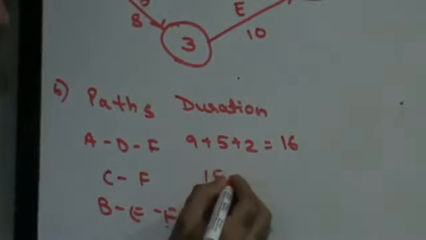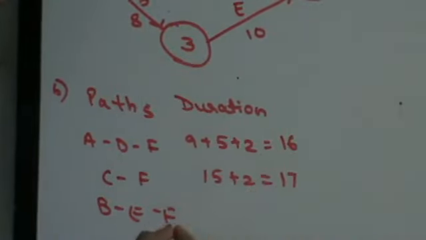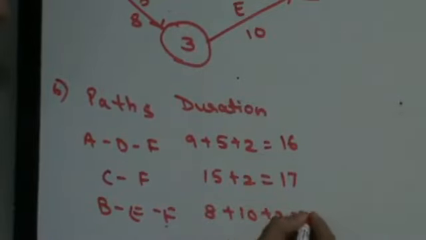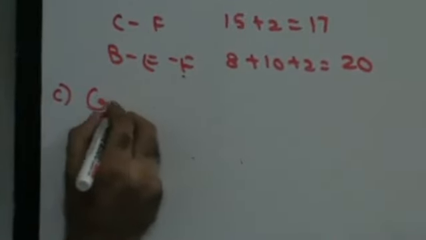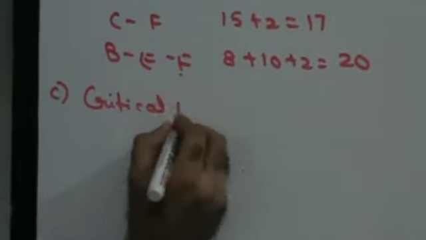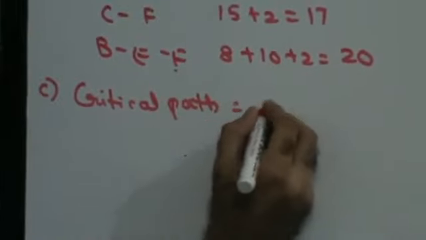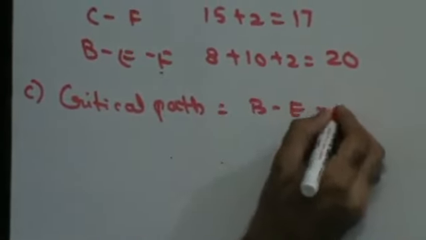Then 15 plus 2, 17 days. 8 plus 10 plus 2, 20 days. So my critical path is going to be BEF.